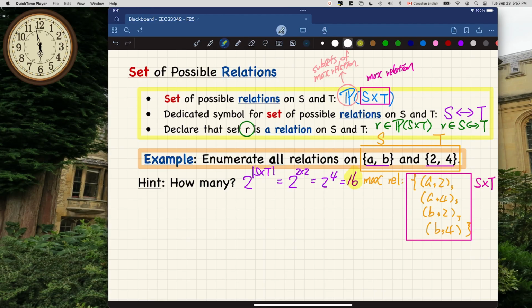Okay, so let's now try to enumerate them. Not all of them, but I'll give you the idea. Overall, it's going to be a set right here. It's a big set. Every member in this set is going to be another set, and that set represents a relation. We're going to do it in a very similar way to how we enumerate a power set.